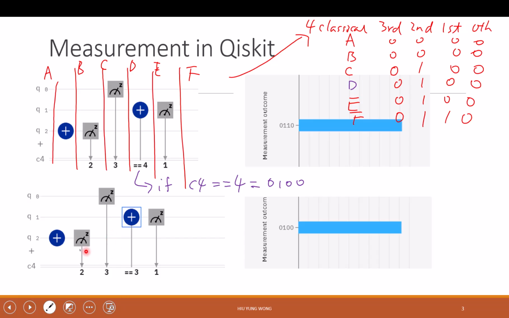This circuit is the same as the top one, except that I changed the condition to equals 3. What does it mean? Anyone can explain to me? Condition on C4 value equals to?